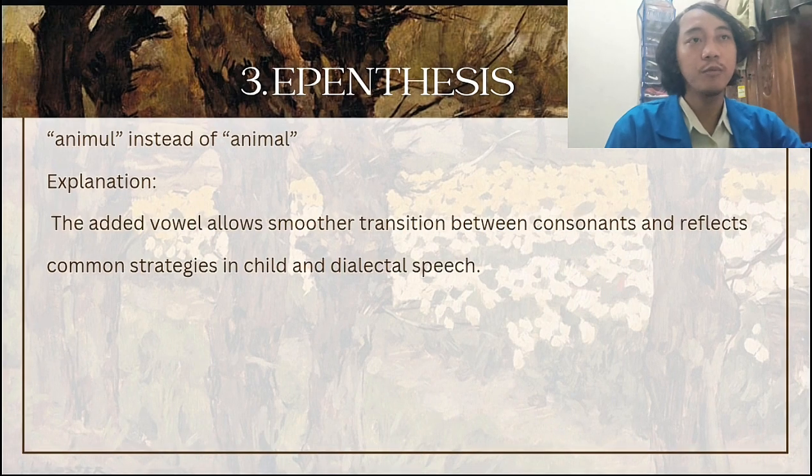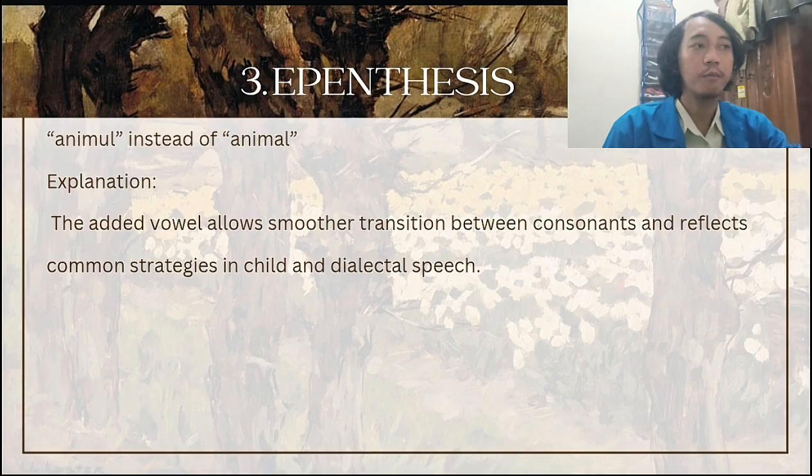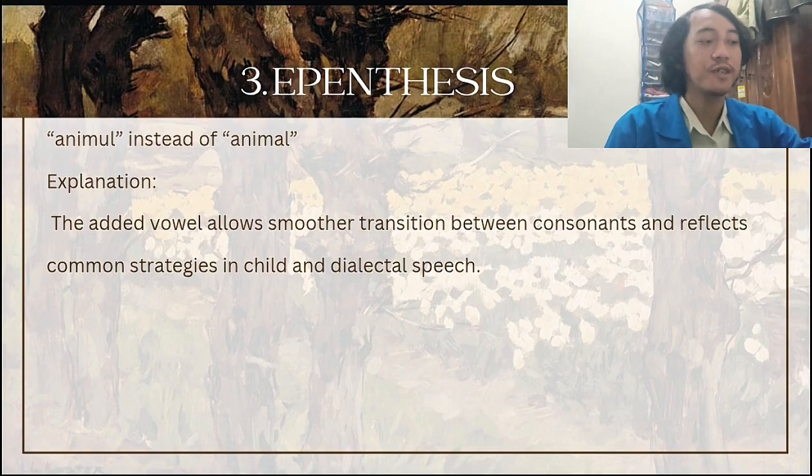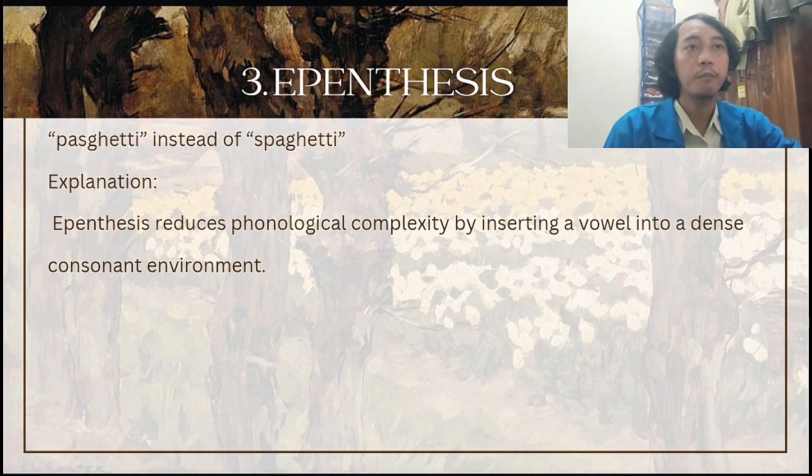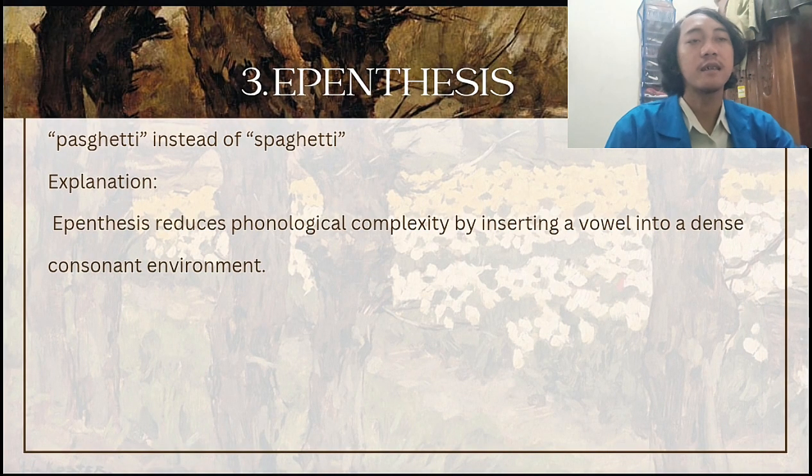The next slide, animal instead of animal. Explanation: the added vowel allows smoother transition between consonants and reflects common strategies in child and dialectal speech. The next slide, spaghetti instead of spaghetti.